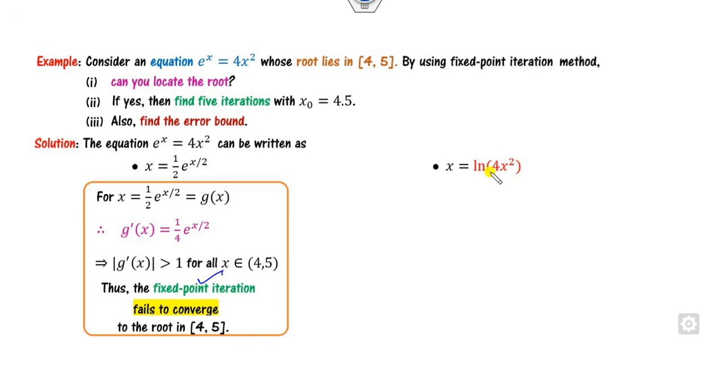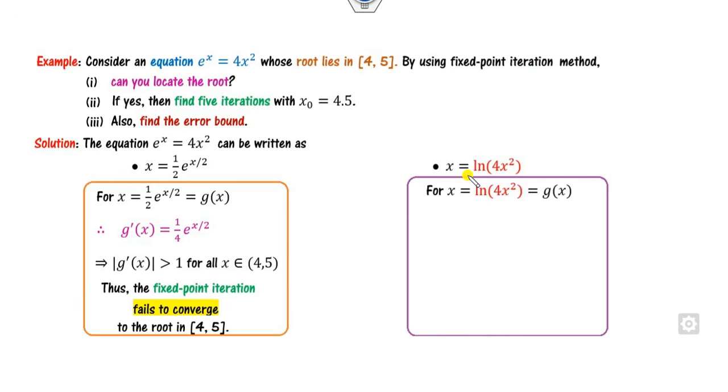Then we can find the value of g from the second case. If I take this as my g, what is the derivative of this? The derivative of ln of 4x squared is 8x over 4x squared, so the answer is 2 over x. Clearly this is positive.